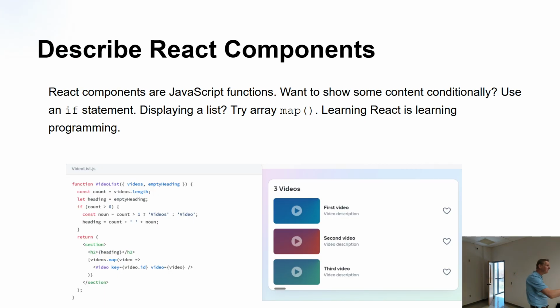At the end of the day, components historically were made with JavaScript classes. Okay, React version 17, they changed. And now you no longer make components with JavaScript classes, you make components out of JavaScript functions. And so the first sentence right there, React components are JavaScript functions.